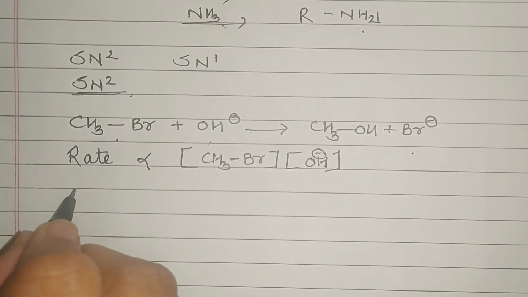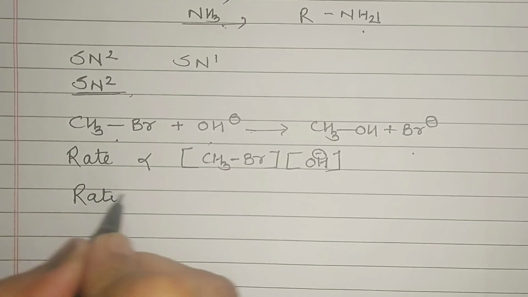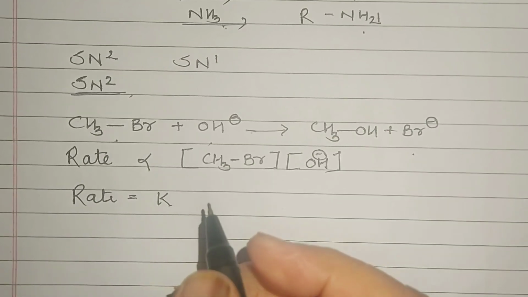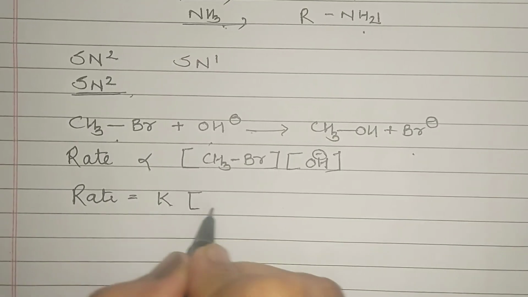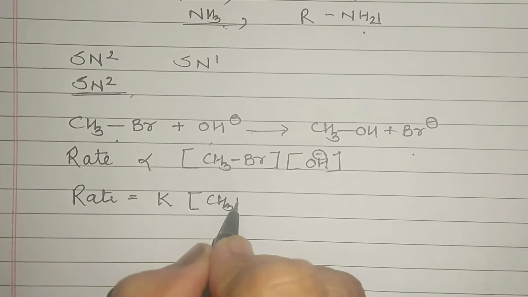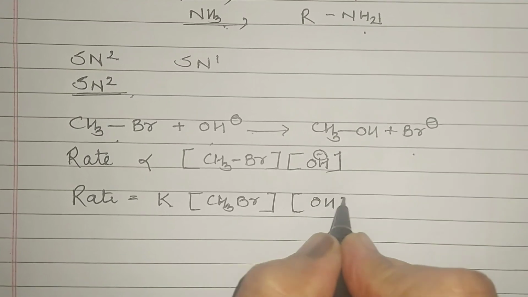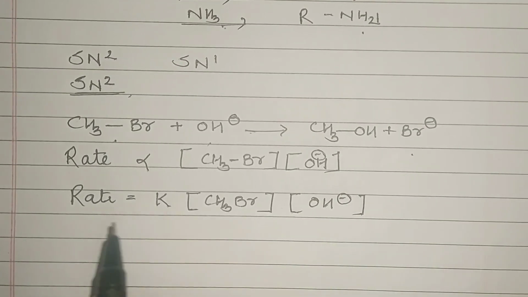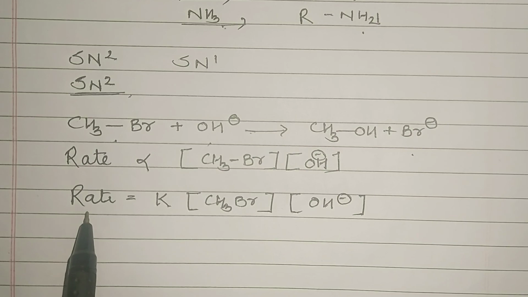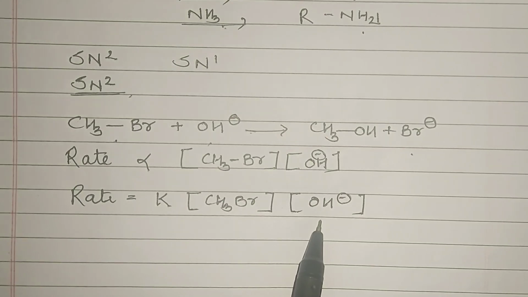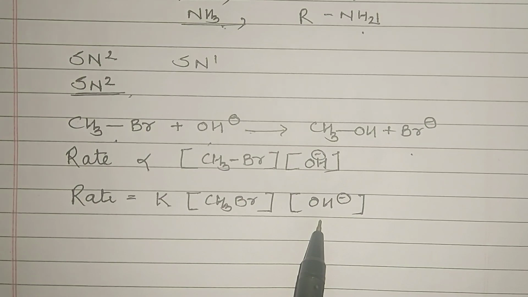Or we can write rate of reaction is equal to K, where K is the rate constant, times CH3Br and OH negative. The rate of reaction depends on the concentration of CH3Br as well as the concentration of nucleophile. Therefore, this reaction is a bimolecular reaction.